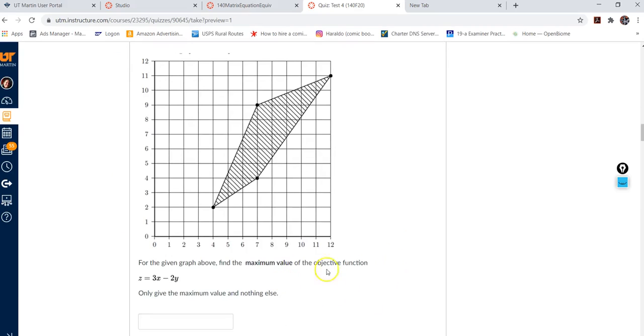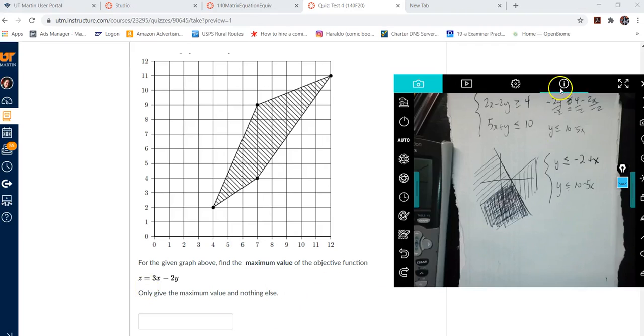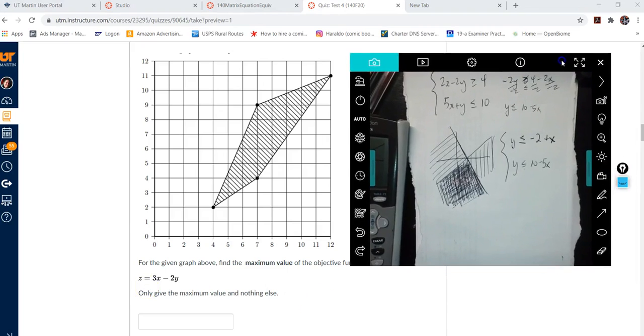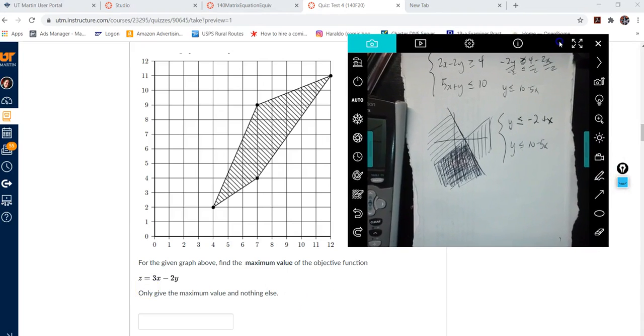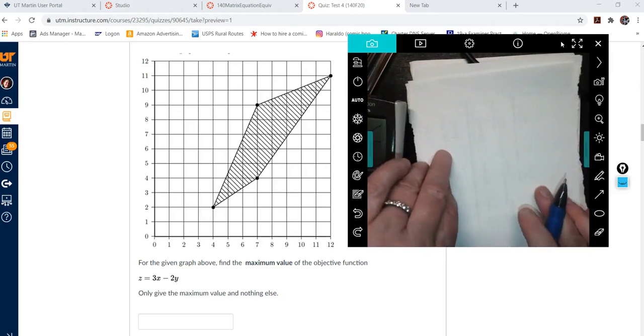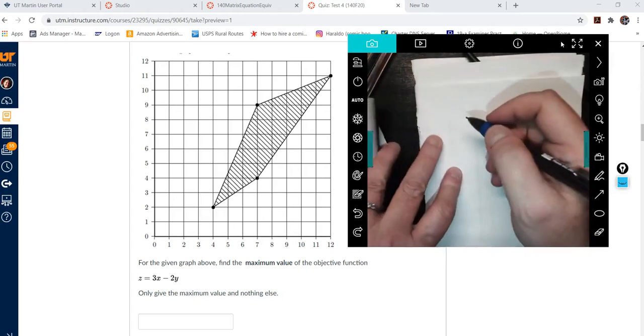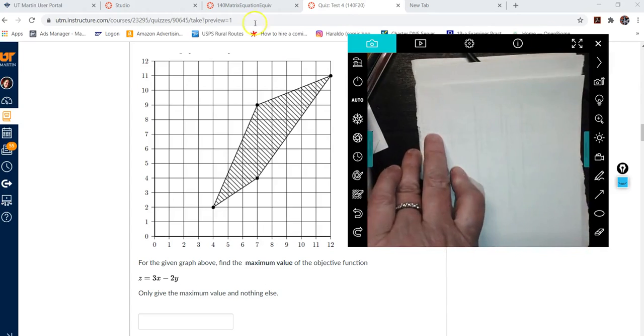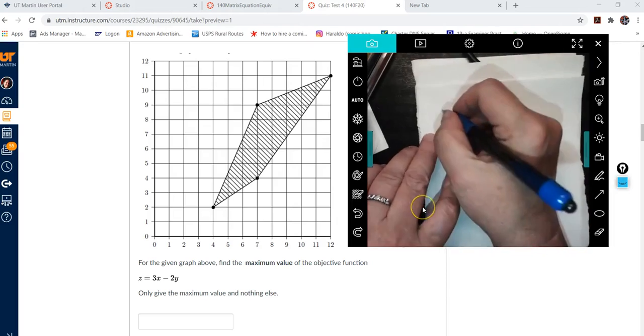Okay. For the given graph above, find the maximum value of the objective function z equals 3x minus 2y. All right, so we want the maximum. First of all, what are our corner points, our vertices? I can see this point here has coordinates 4, 2.